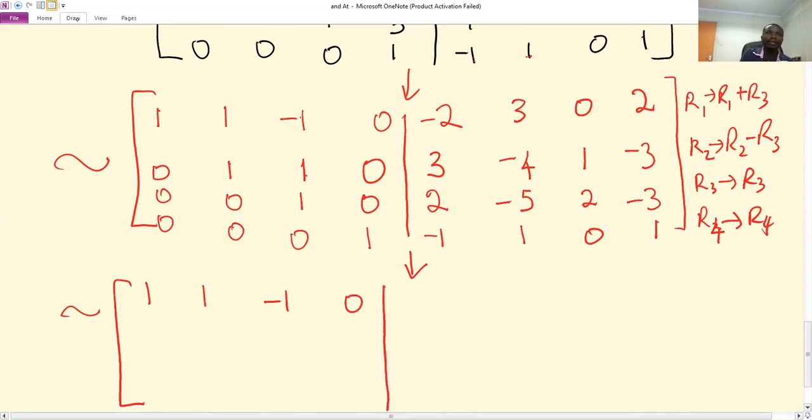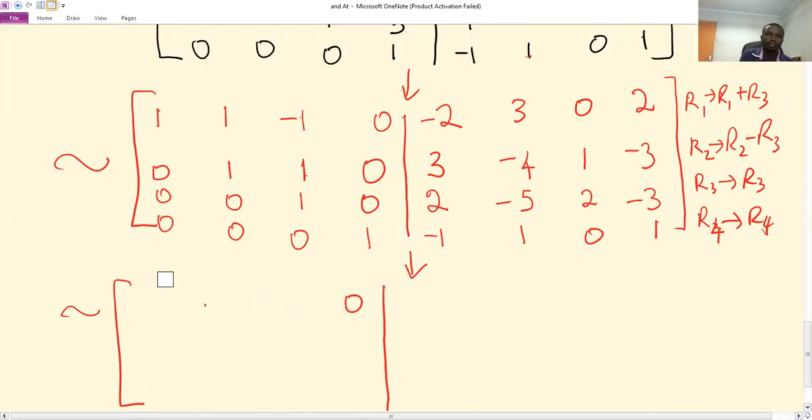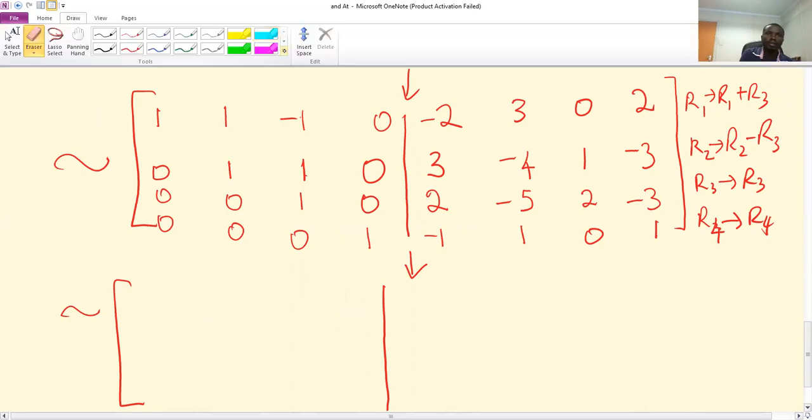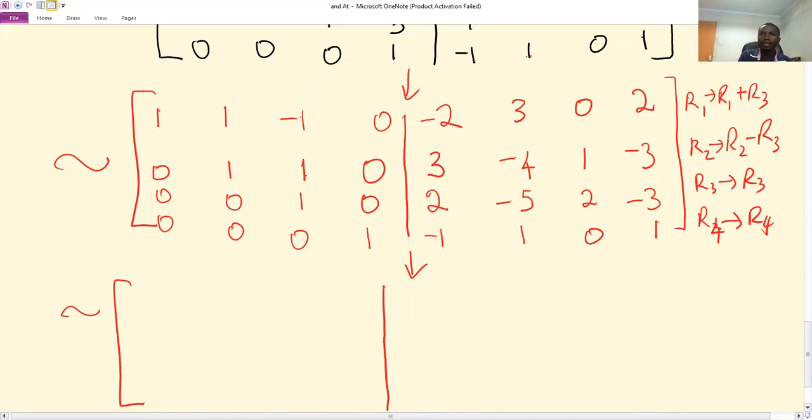So to get the values in row 1, it is row 1 plus row 3.